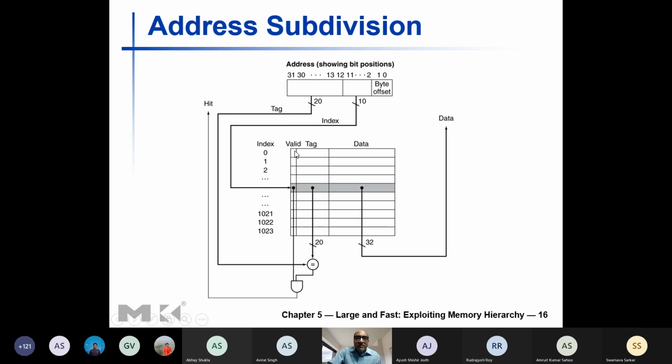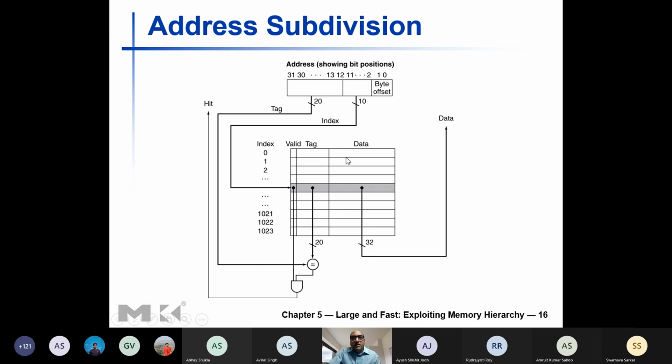Also, as I already mentioned, there is the significance of the valid bit. If both are satisfied, then the AND gate will generate one. It's nothing but a hit. It means that the word specified by the CPU generated address is present in the cache, and it will be fetched and passed on to the CPU so that the CPU performs any arithmetic or logical operation required.